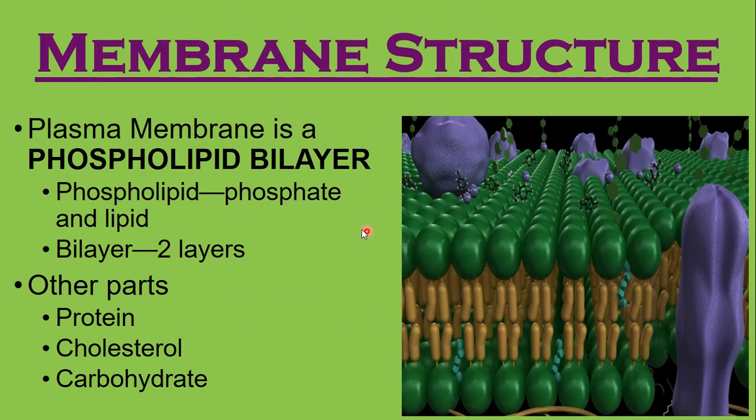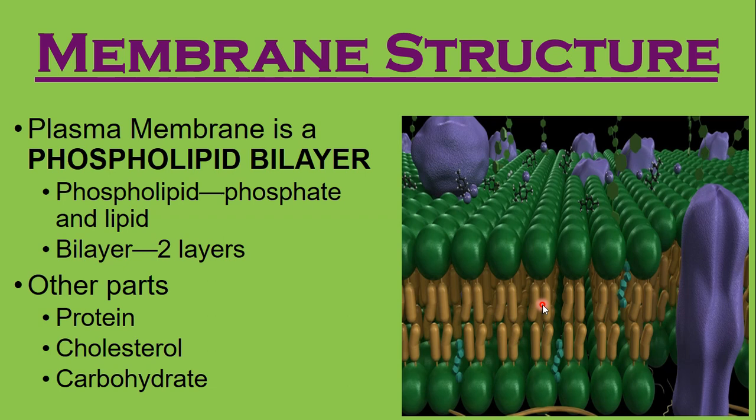The membrane structure, we call the membrane a phospholipid bilayer. You can see a picture here. You have something called phospholipids, that's the green and the brown things coming off the green. A phospholipid is composed of phosphates and lipids, lipid being one of those macromolecules.